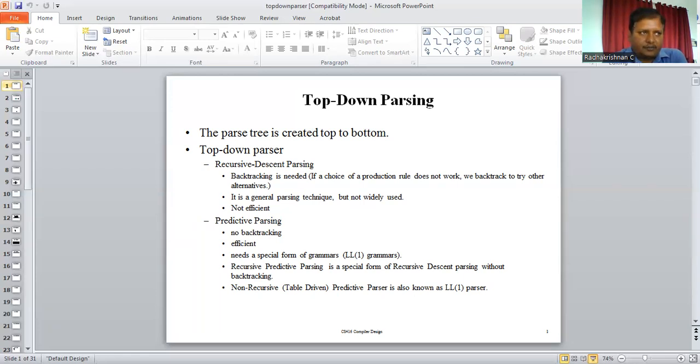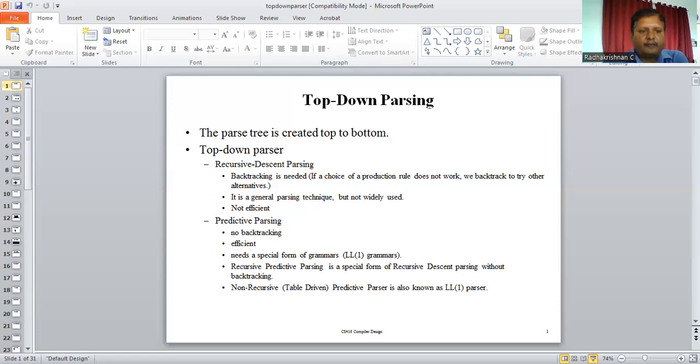Capital T. That is not a terminal, so we need to identify first of T. Comparing with first of T, the equivalent right hand side value will be F, so we need to find first of F. First of F is open bracket and ID, the second alternative. So first of F equals open bracket, ID.